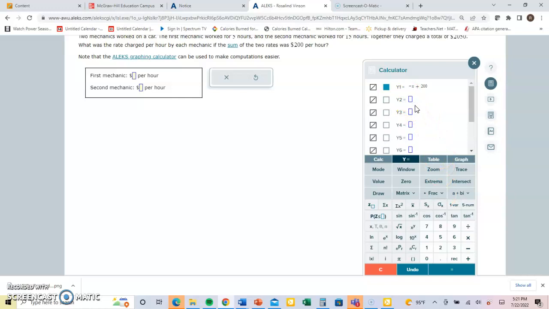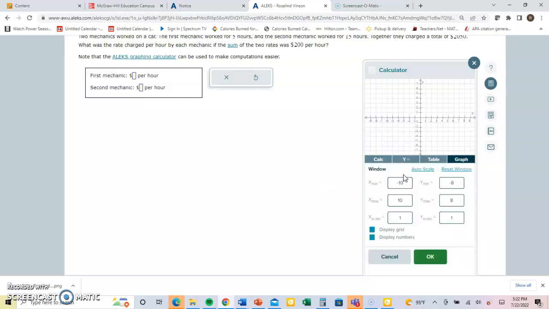We are going to put in negative 5X, let's put that in parentheses, negative 5X plus 2,050 divided by 15. From there, we need to click on Window.